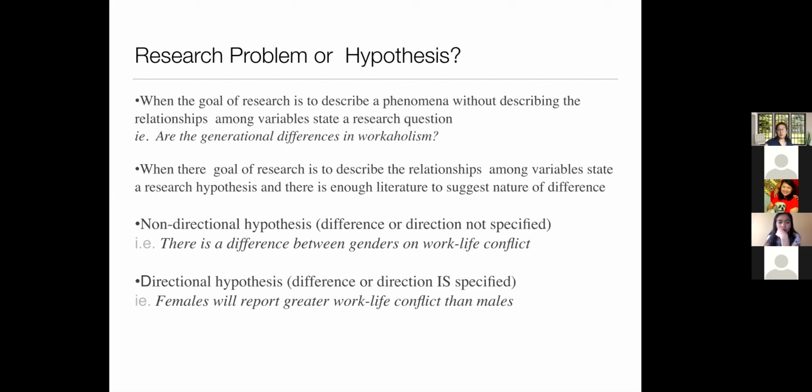And when we talk about hypothesis, two types. A non-directional hypothesis, where you don't specify the difference, and a directional hypothesis, where the direction is specified. So for example, when you say that female will report greater work-life conflict than males, then that is a directional hypothesis. Okay? Questions?